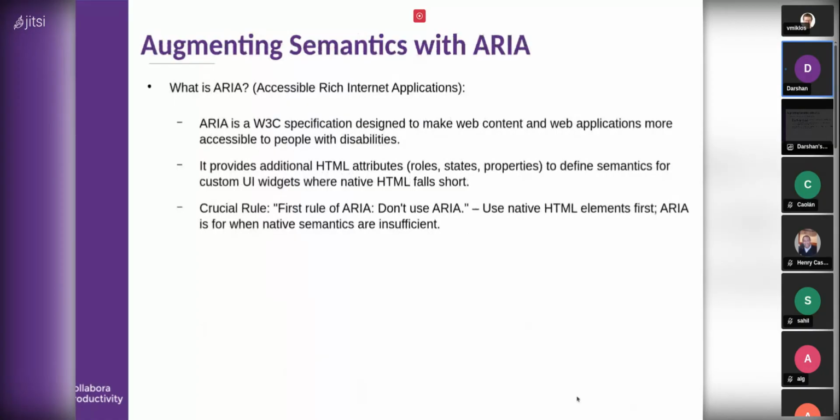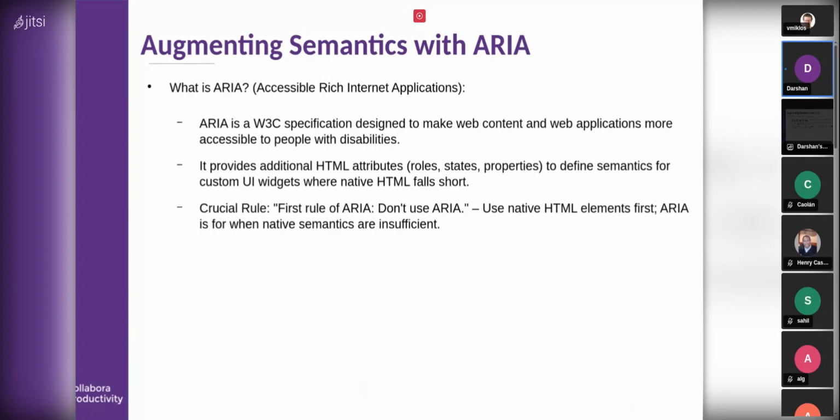Let me move on to ARIA labels. Whenever we have native HTML, isn't that enough? So there is this question. Sometimes we need to prepare some HTML structures or widgets, and in our application, in most places it is like that.